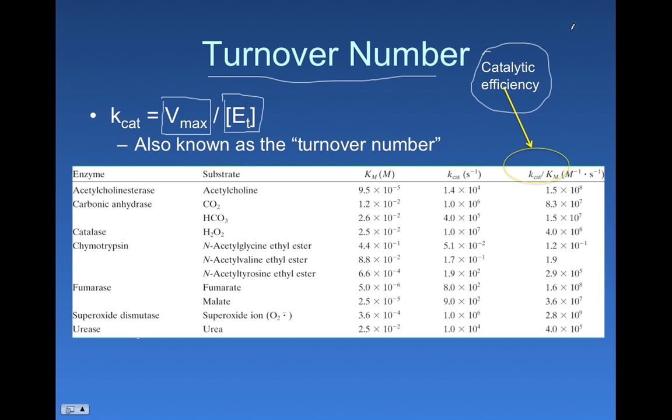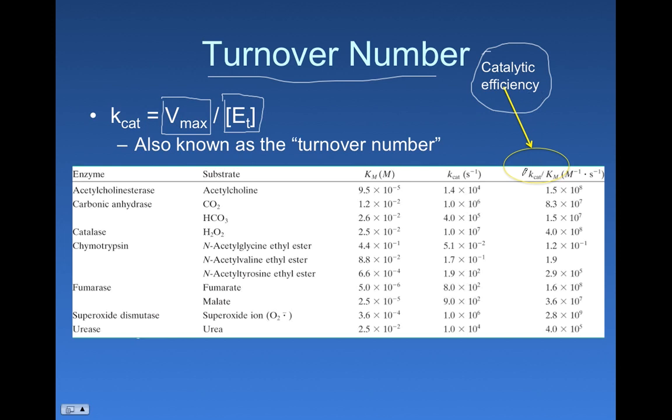The other kinetic constant that we think of a lot and you see in the literature is the catalytic efficiency. The catalytic efficiency brings in binding of the enzyme to the substrate into this consideration. So if you look at kcat, there's no enzyme substrate binding information there. It's just how fast can it go, how much enzyme's there.